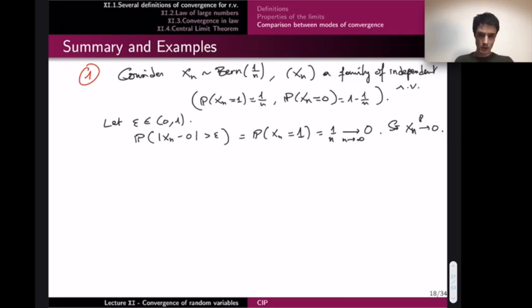I will not prove the converse. Not the converse, I mean, sorry. I will not prove the almost sure convergence. I will leave it to you as an exercise. So prove that Xn does not converge almost surely.